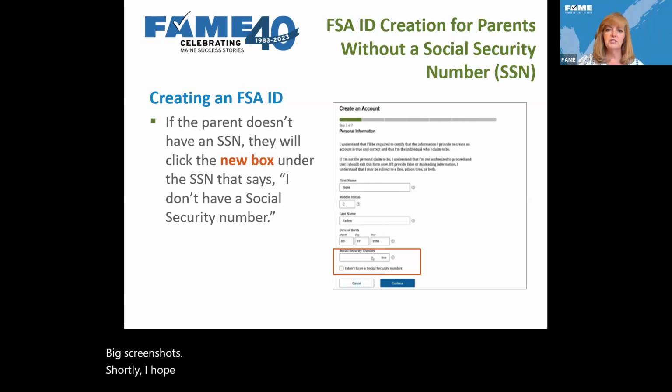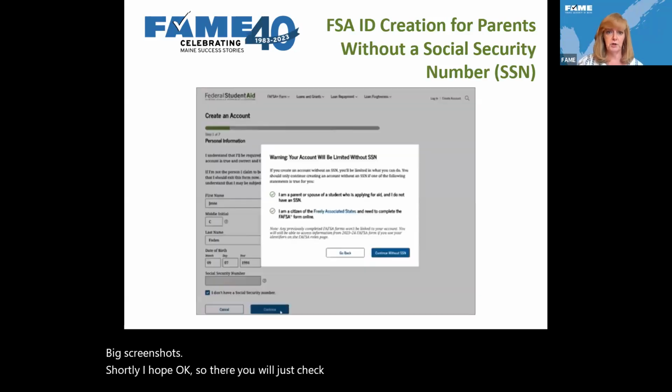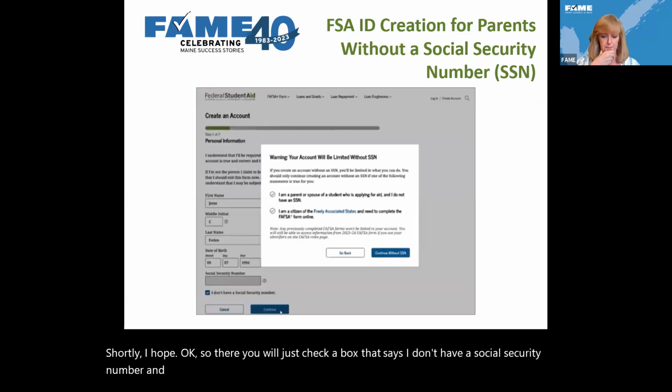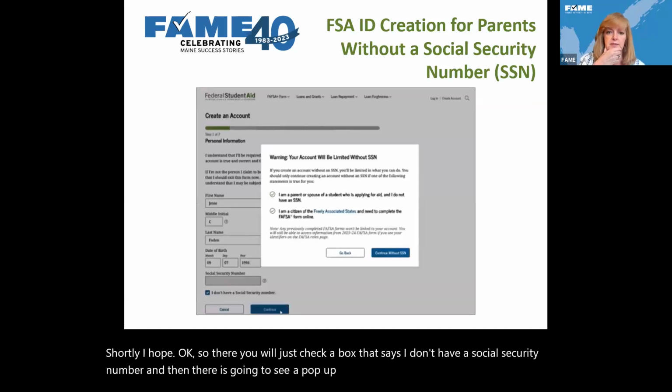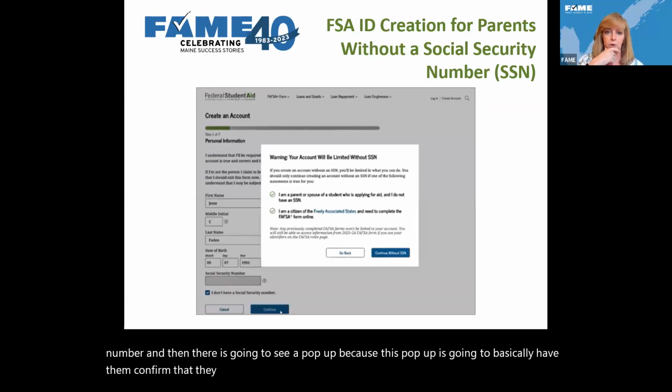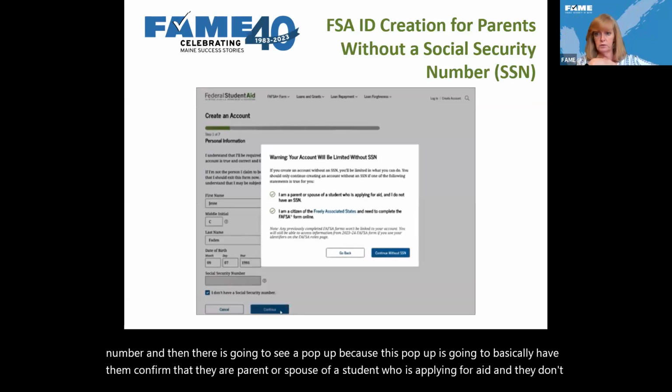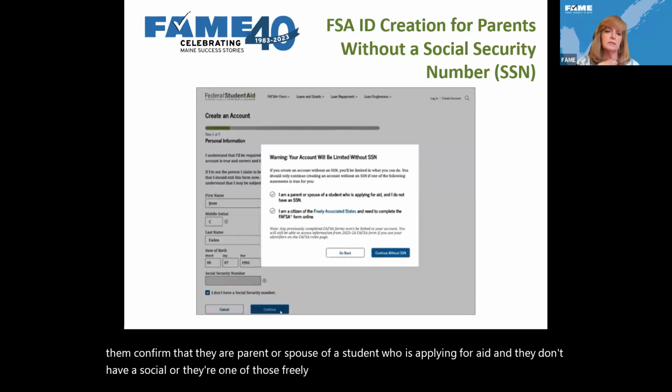Okay, so they will just check a box that says, I don't have a social security number. And then they're going to see a pop-up, because this pop-up is going to basically have them confirm that they are a parent or spouse of a student who is applying for aid and they don't have a social security number, or they're one of those freely associated states students.